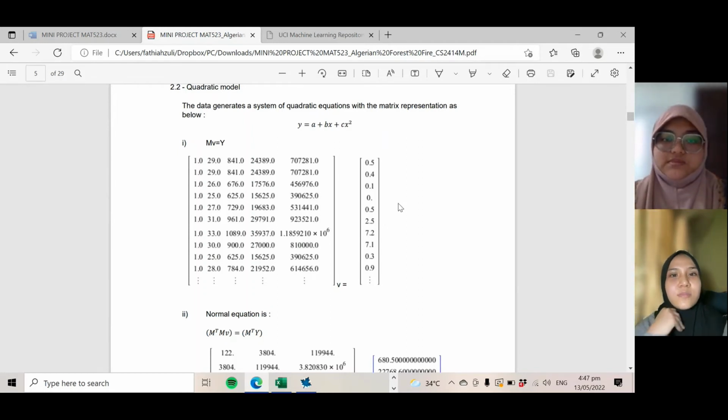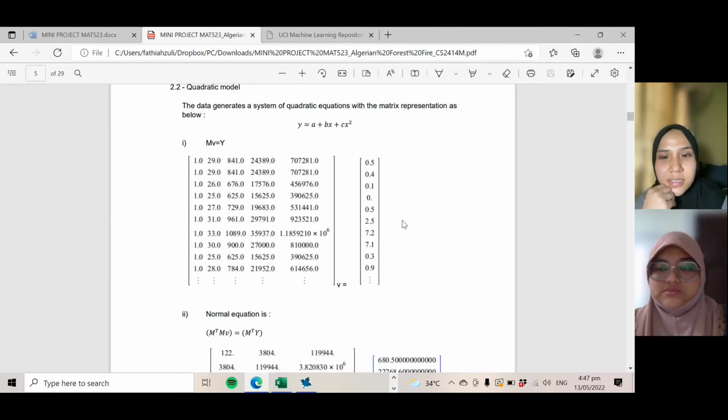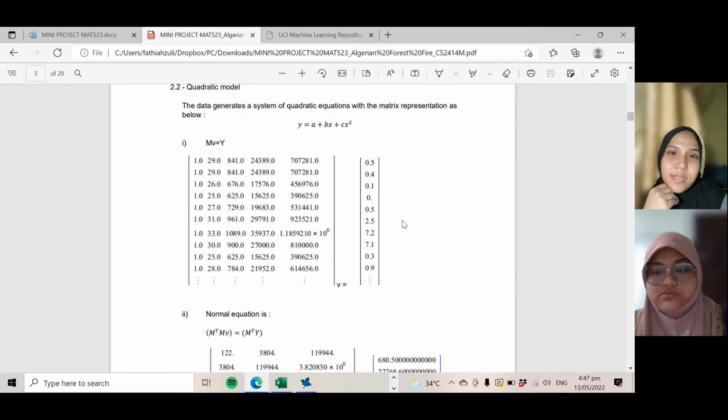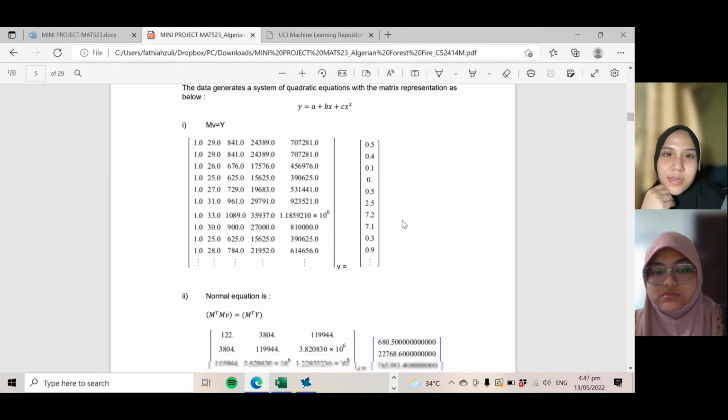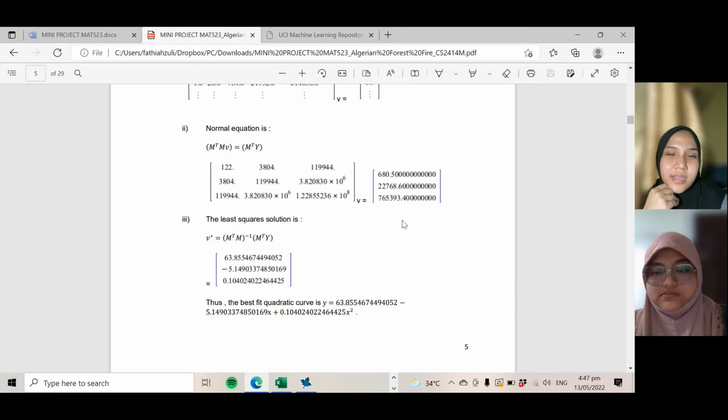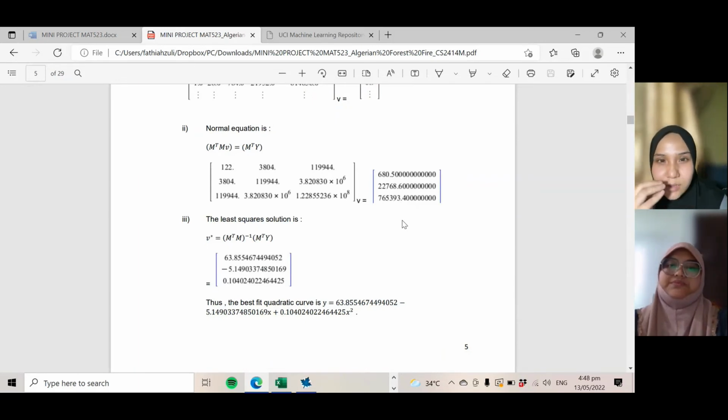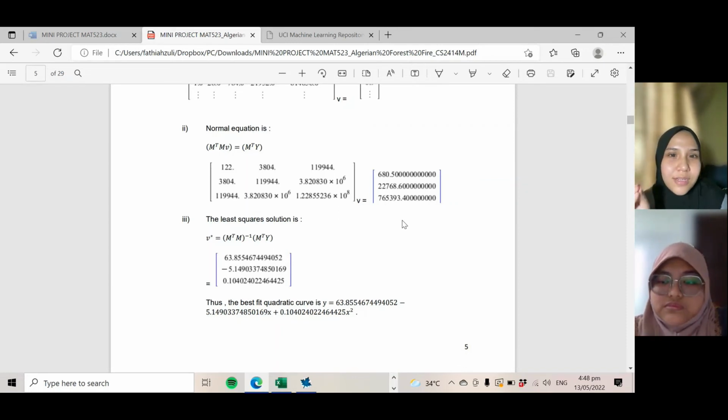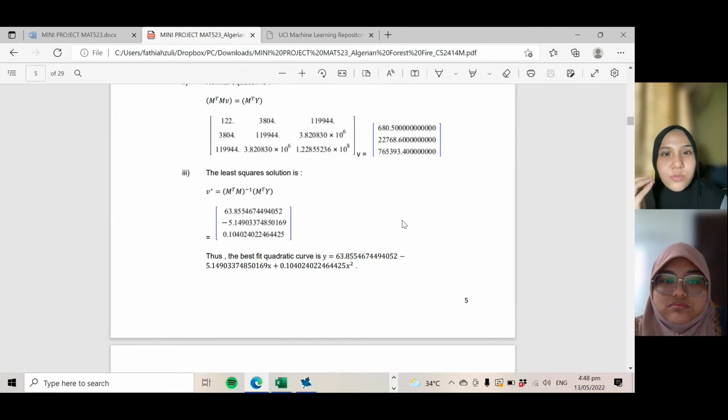Next is the quadratic model. The data generates a system of quadratic equations with the matrix representation as below, where the equation is y equals a plus bx plus cx squared. Firstly we find Mv equals y, then we find the normal equation using the formula M transpose M v equals M transpose y.